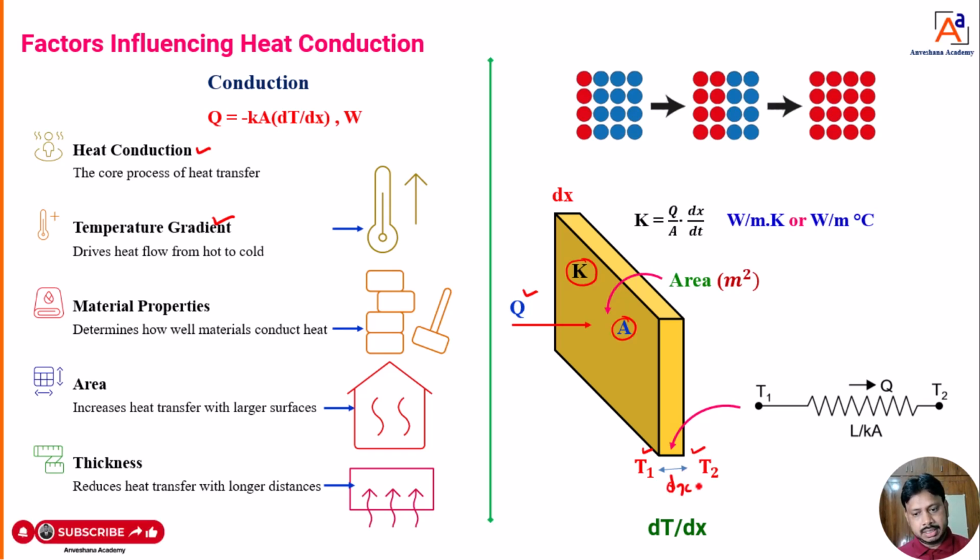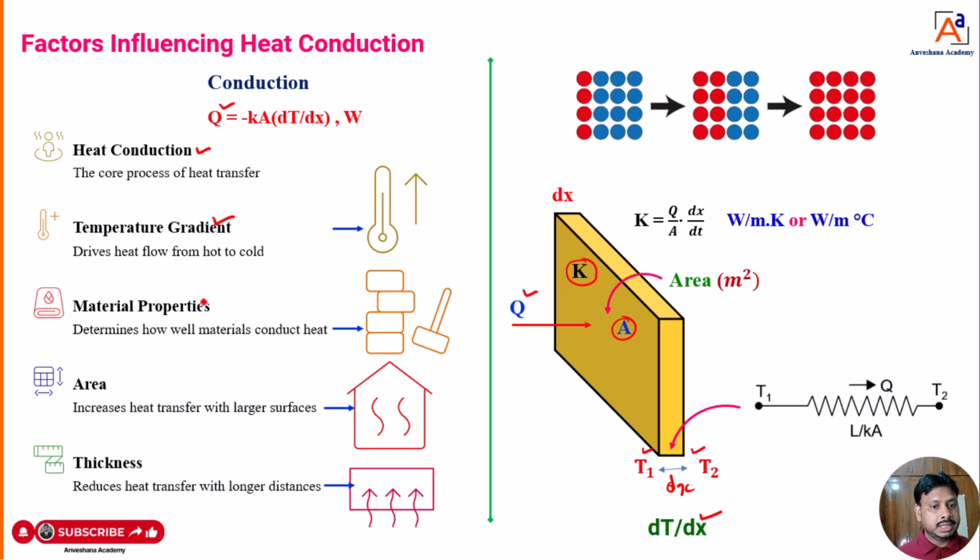That thickness of the plate I will represent as dx. Then the change in temperature over the thickness of the metal plate is nothing but what? Temperature gradient. If more temperature gradient, then more heat transfer is going to take place, because Q is directly proportional to dT by dx. Hence, if more temperature gradient, we can get more rate of heat transfer, dear students.